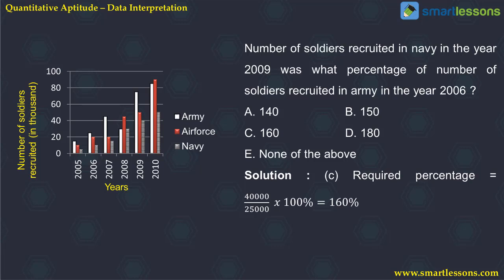So basically you need to find that 40,000 is what percentage of 25,000, and in order to do that, what you will do? 40,000 by 25,000 into 100, and that is 160%. So option C is the correct option.